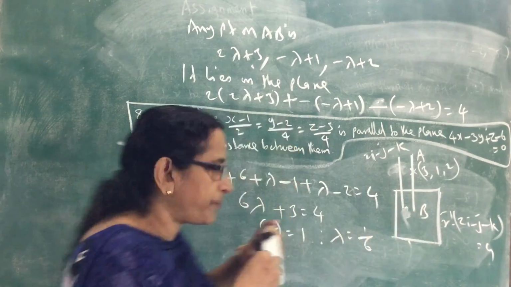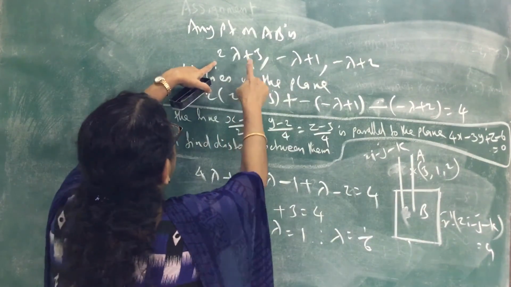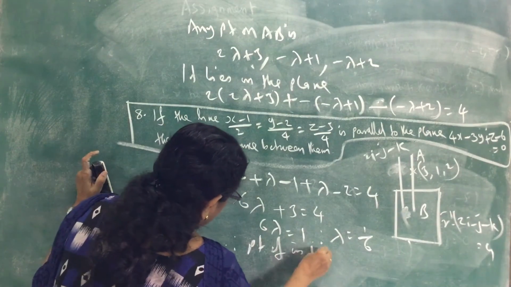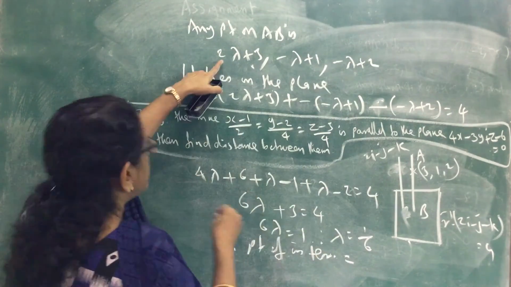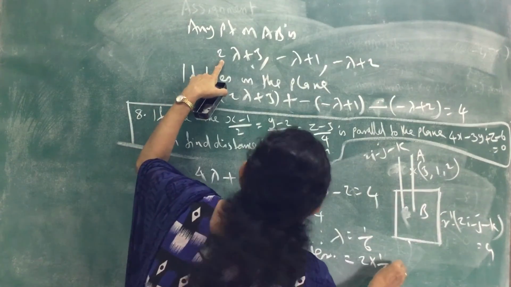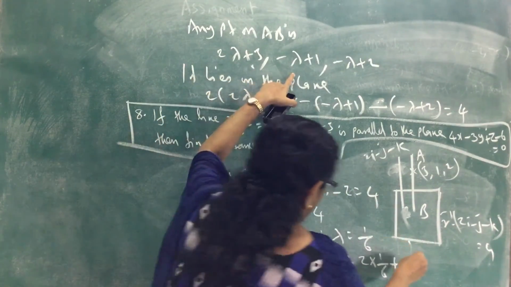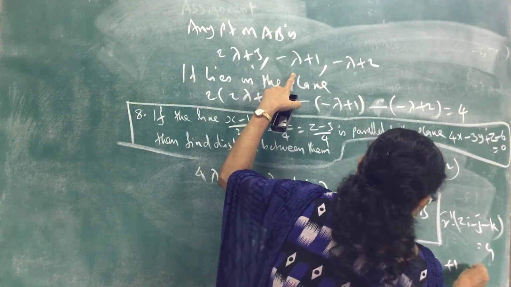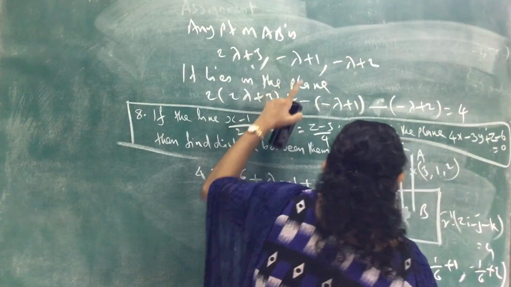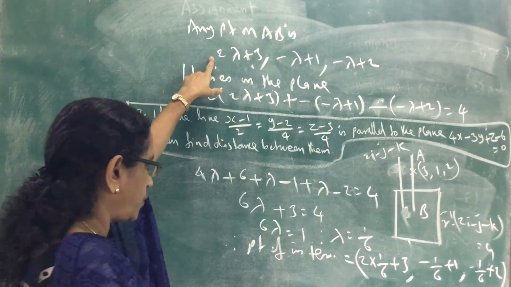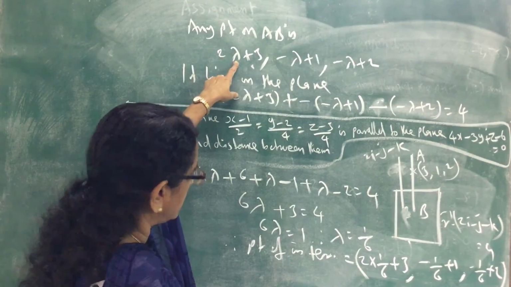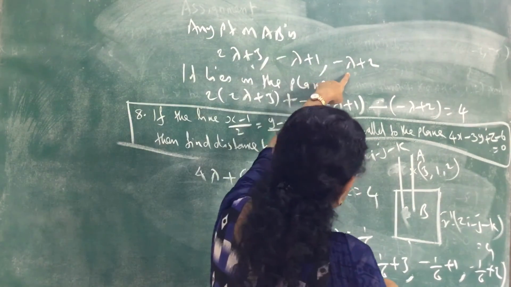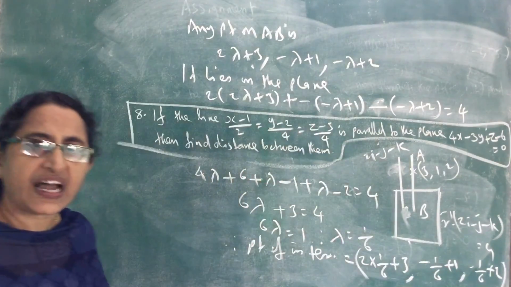Therefore, point of intersection equal to (2 into 1 by 6 plus 3, minus 1 by 6 plus 1, minus 1 by 6 plus 2). Simplifying this, you will get the answer.